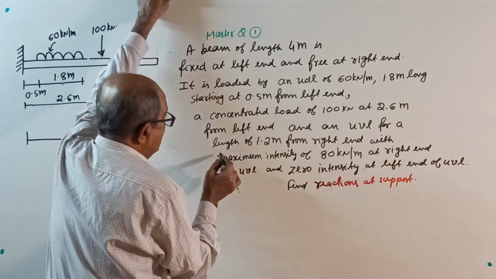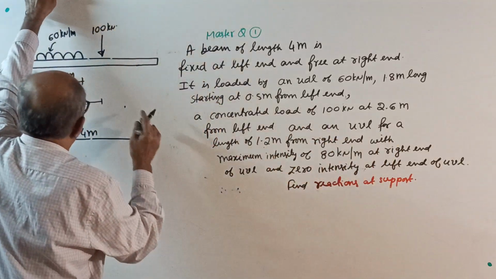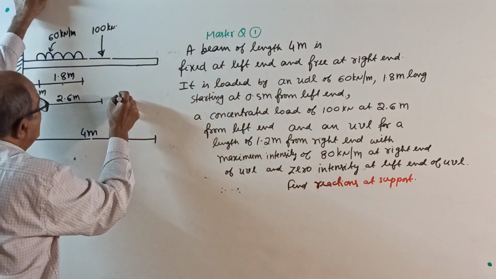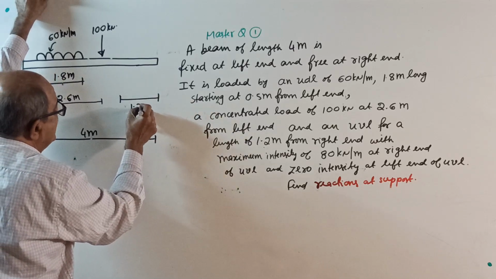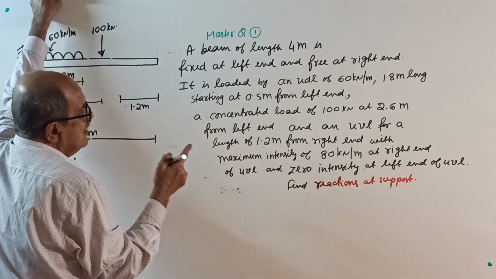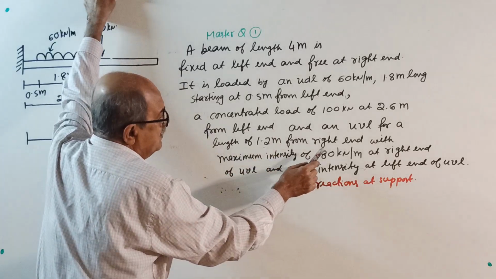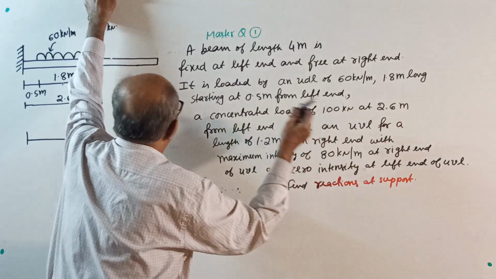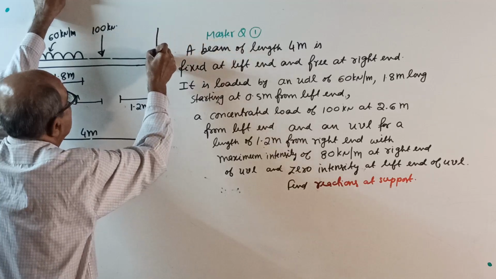UVL for a length of 1.2 meter from right end. So, from right end, the UVL length is, scale is not maintained now, 1.2 meter. That is length from right side. How is the UVL? With the maximum intensity of 80 kN per meter at the right end. So, right end maximum intensity here.